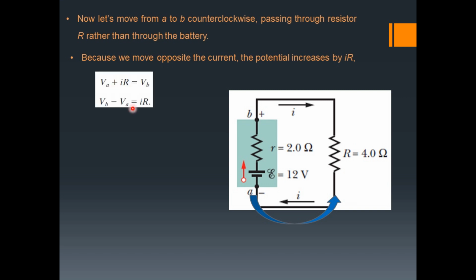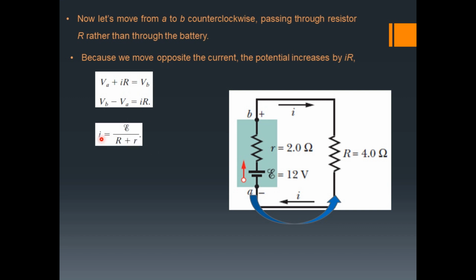So we write VA, the voltage at point A, and plus IR, not minus IR. If you would come in the other way, then it would have been minus IR, and then this is the potential at point B. So we write VB minus VA is equal to IR.